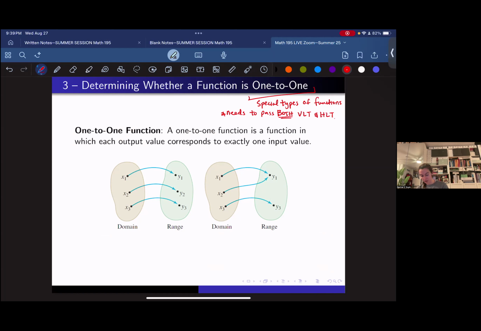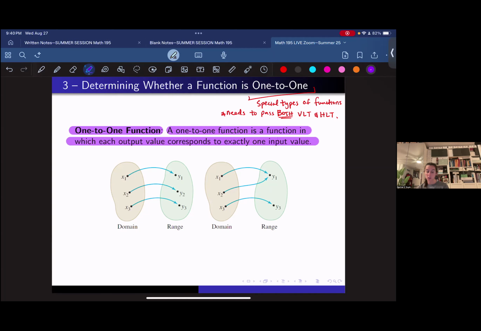I'm putting VLT and HLT for short. And so our formal definition of a one-to-one function is a function in which each output value corresponds to exactly one input value, meaning that all of your x values and your y values need to be unique.